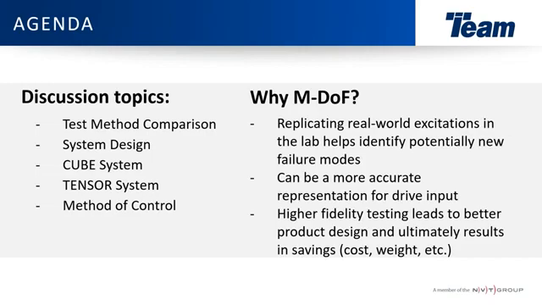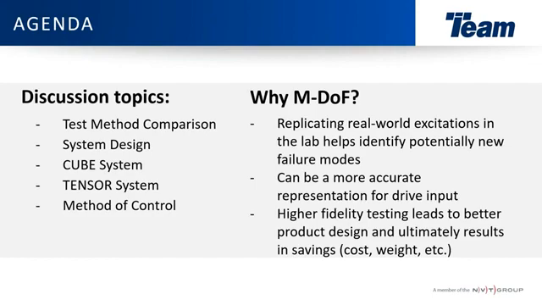To answer the question, mostly the goal today is why do we want to go into multi-degree of freedom testing? Replicating real world excitations that you see in the real world is important to replicate in the lab, mainly because I potentially could identify new failure modes to products.